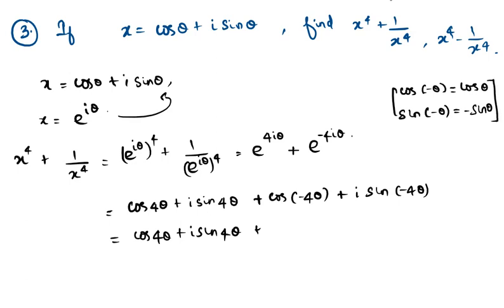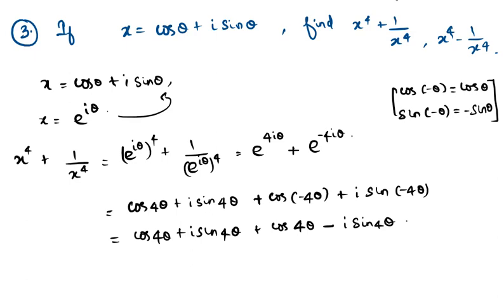Now using this condition, the negative will become positive, so it is cos 4 theta as it is. Only the negative is changed to positive. And here in this case, we will have sin minus theta will become minus sin theta. So we can write it as minus I sin 4 theta.